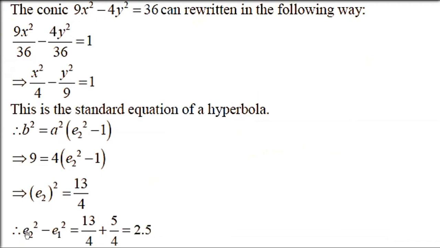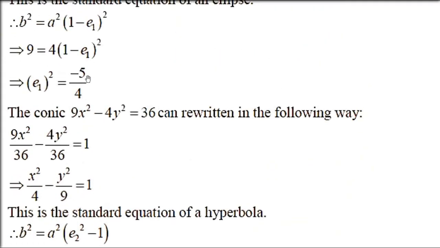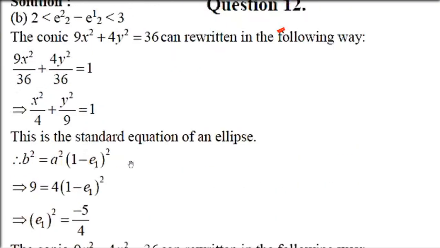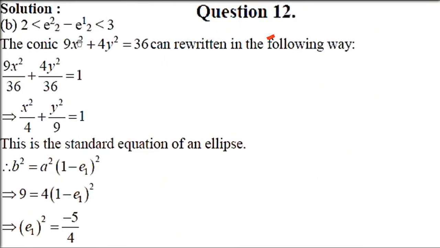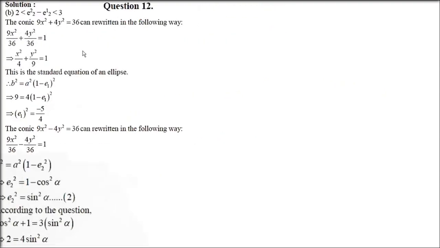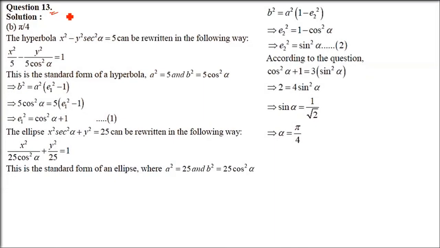When you subtract, you are going to get 13 by 4 plus 5 by 4, which is 18 by 4, which is 9 by 2, and that is going to be 2.5, because E2 square has come as minus 5 by 4. So 2.5 is between 2 and 3. This is question number 13.